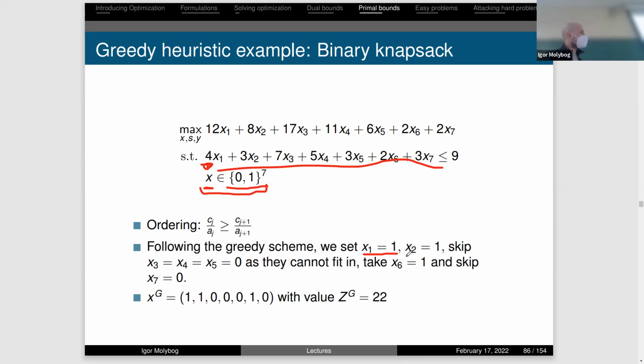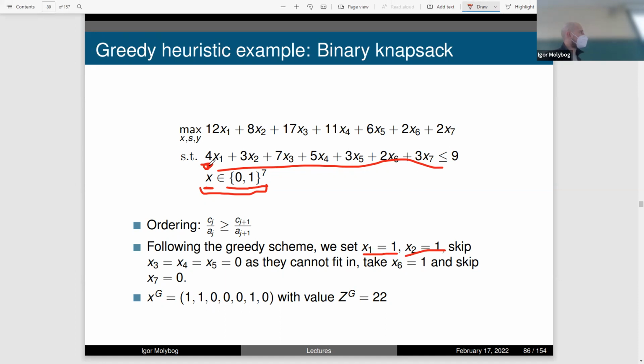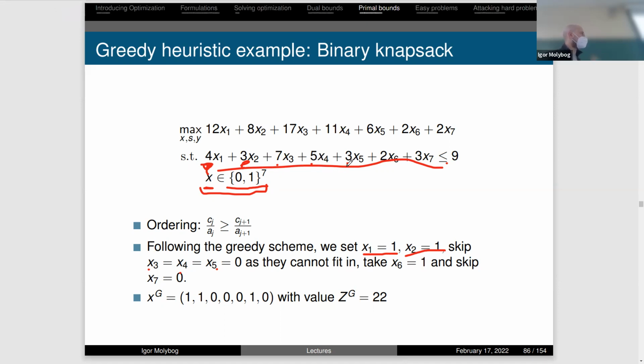We are picking up the second object because it also fits in, because 4 plus 3 is less than or equal to 9. It's 7, and we have to skip objects 3, 4, and 5 because they cannot fit, even if we add 7 or 5 or 3 to our backpack; basically they introduce too much infeasibility into the problem.